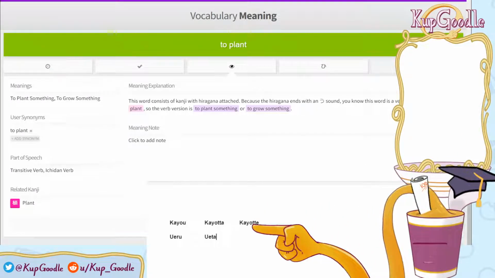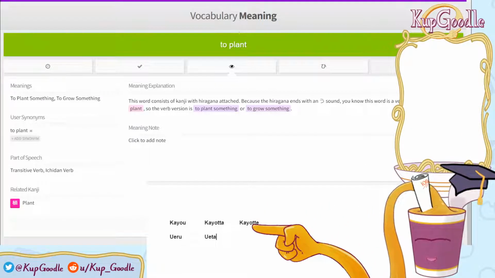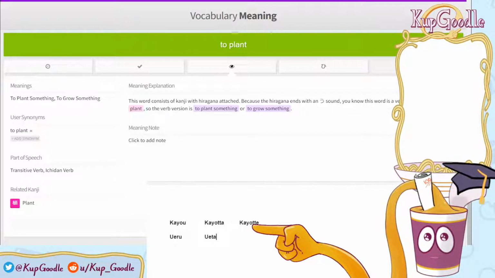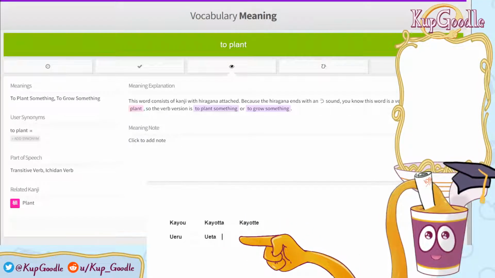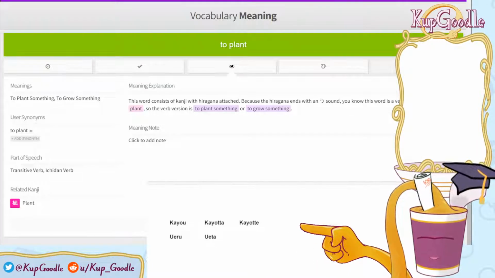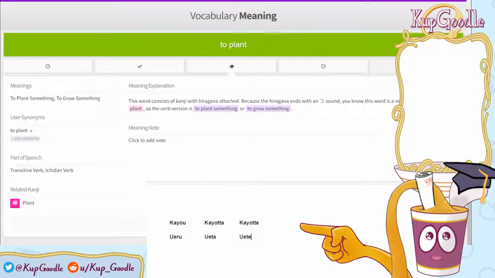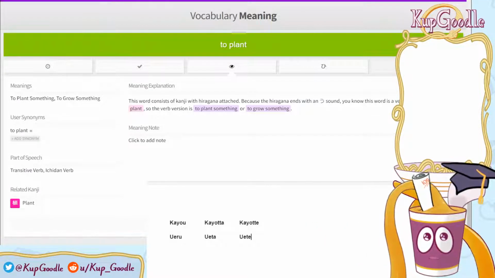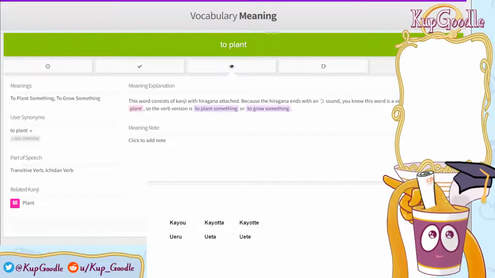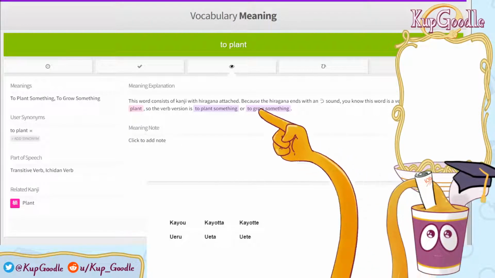Luckily, those two are so close to each other that you can get away with pronouncing it either way and just hoping you're right. Ueru, ueta, uete. It's just uete without the doubles.